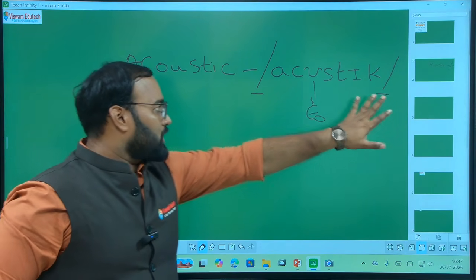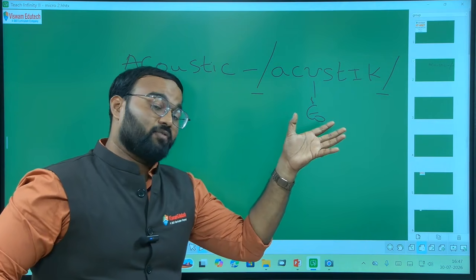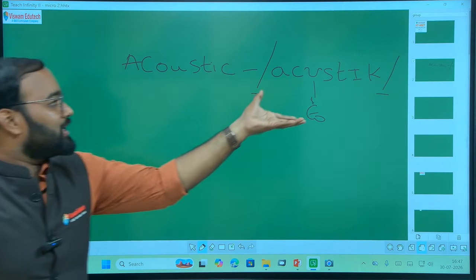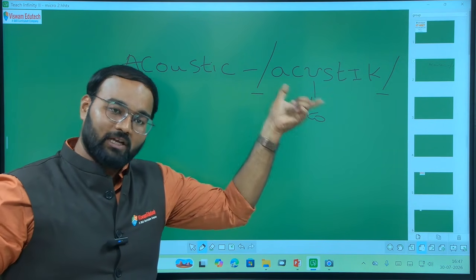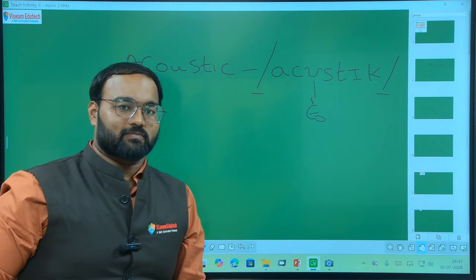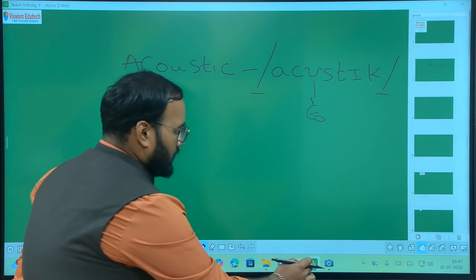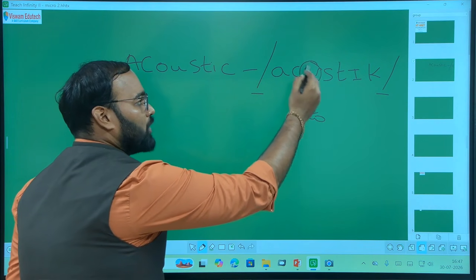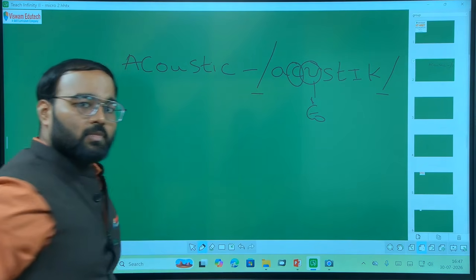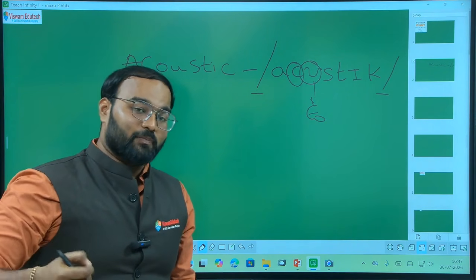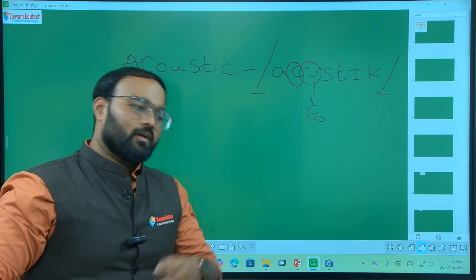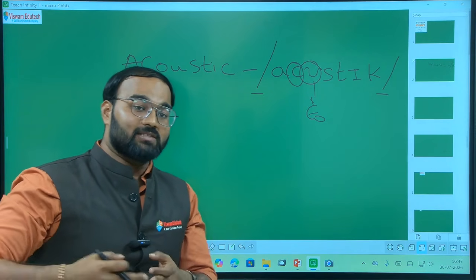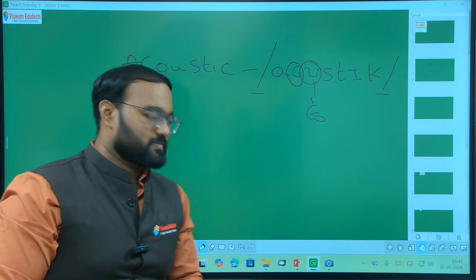So for acoustic, it is decided as acoustic because the IPA has given the phonetical transcription in this way. So if you know how to recognize these sounds, you can learn the correct pronunciation. So in our further classes, we are going to learn how to recognize these phonetical symbols.